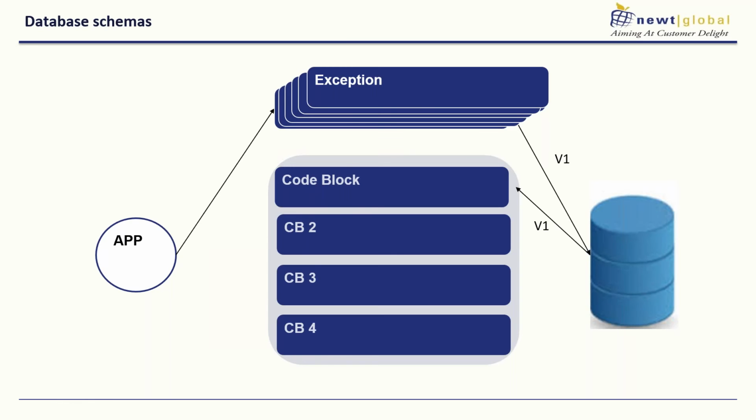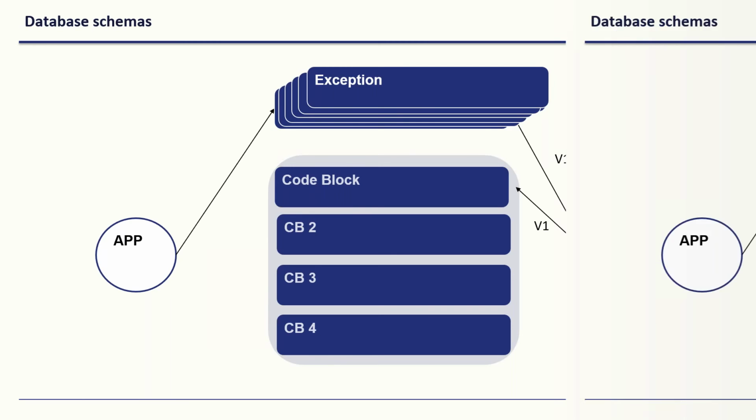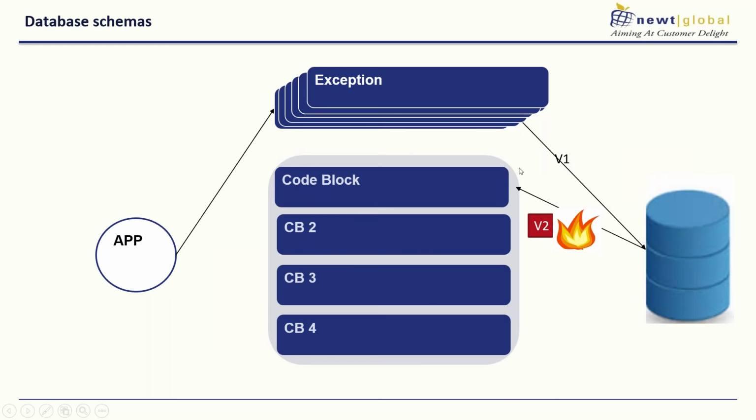Now the problem with this is, tomorrow I change some signatures that I want to write, and then I have a version 2 in the schemas. What would happen is one of the two interactions will fail. Typically the code block in this case would fail because the schema has now been updated, and then there is an issue out here, right?